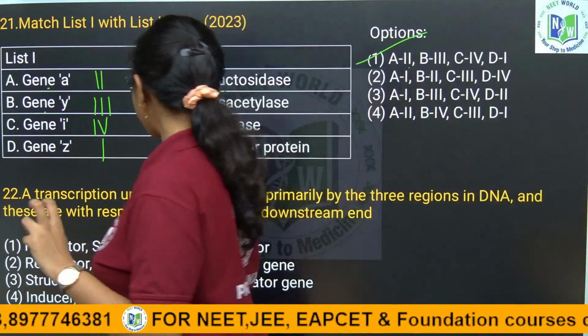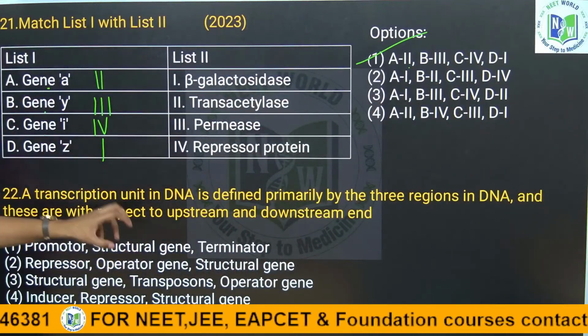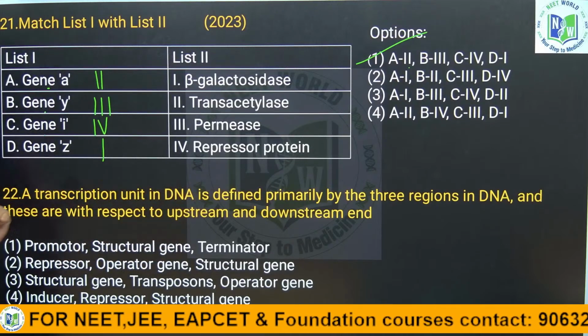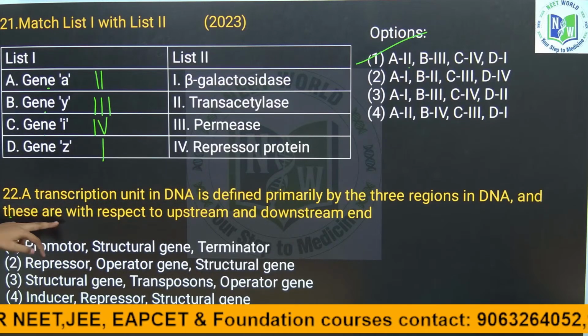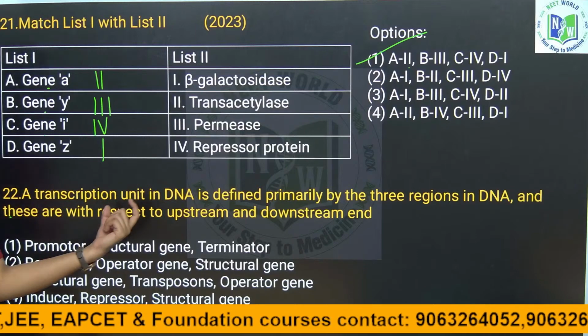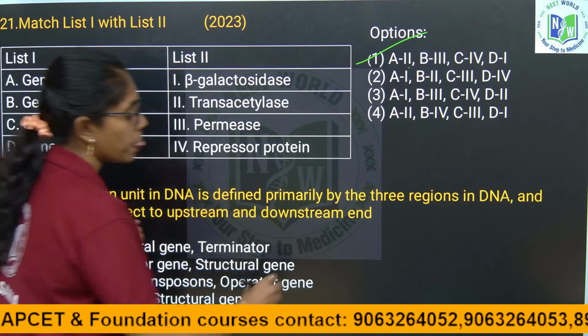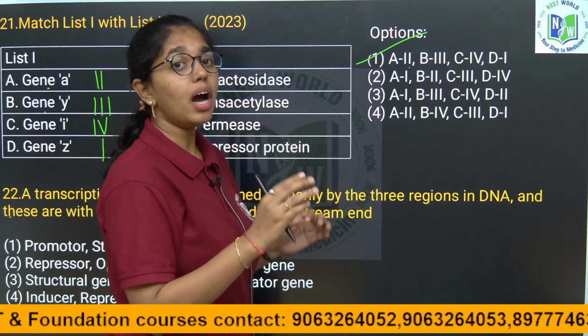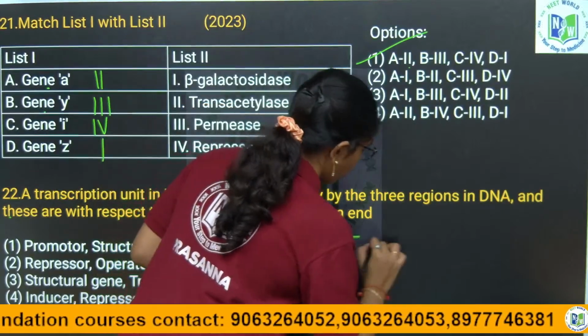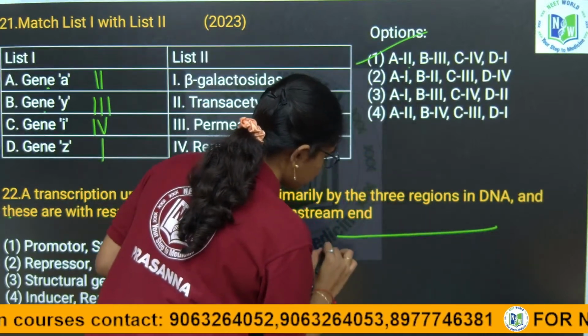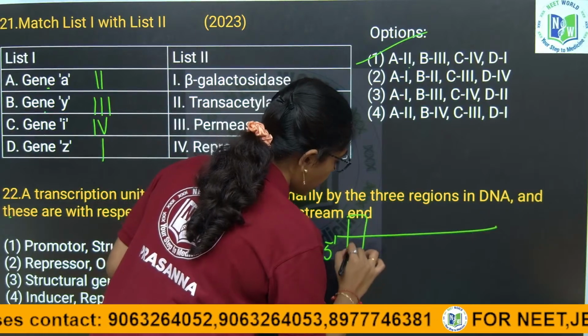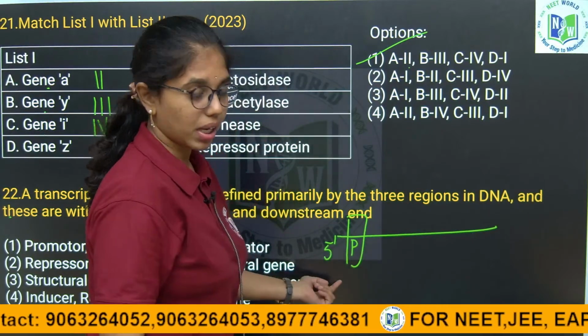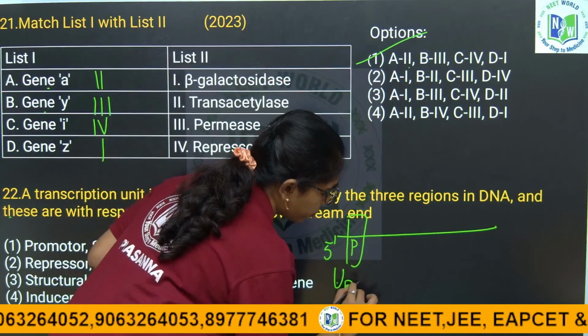A transcription unit in DNA is defined primarily by 3 regions in DNA, with respect to upstream and downstream. Always remember, on the coding strand or mRNA strand, at the 5 prime end the promoter region will be present, which is upstream.